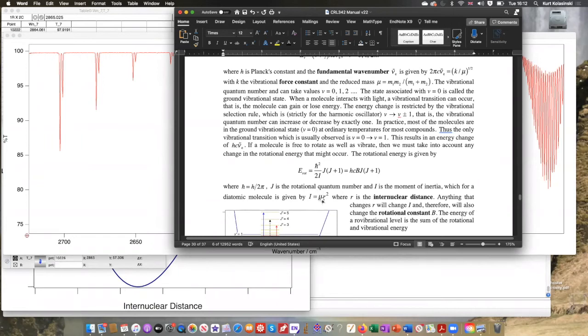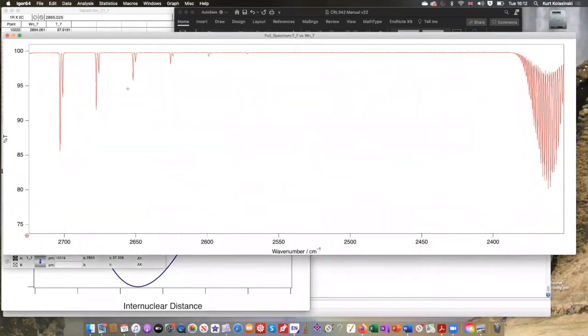But, oh, the reduced mass. The reduced mass goes into determining the rotational constant. And Cl is kind of interesting, right? It has what, 34 and a half as its atomic mass, because there are two well-populated isotopes in about a 3-to-1 ratio.